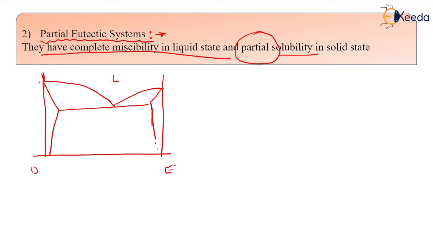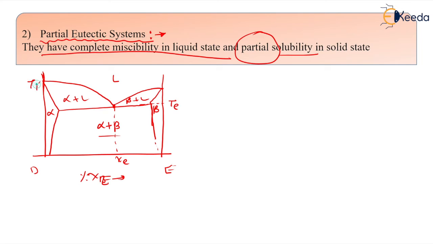So this is liquid, and suppose alpha is the solid solution phase in D, beta is the solid solution of E, alpha plus liquid, beta plus liquid, and this is the eutectic point, this is the eutectic temperature. Say this is percentage of X in E, the eutectic composition XE. So here see the phases alpha plus beta below this eutectic line.